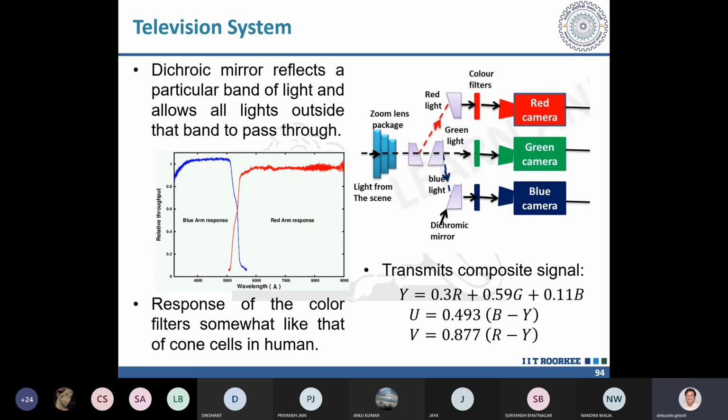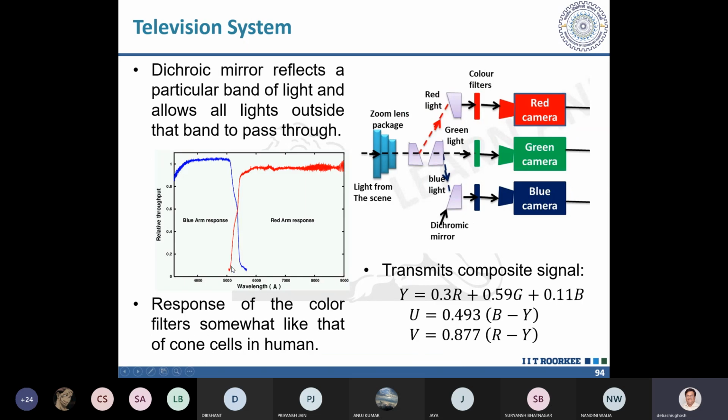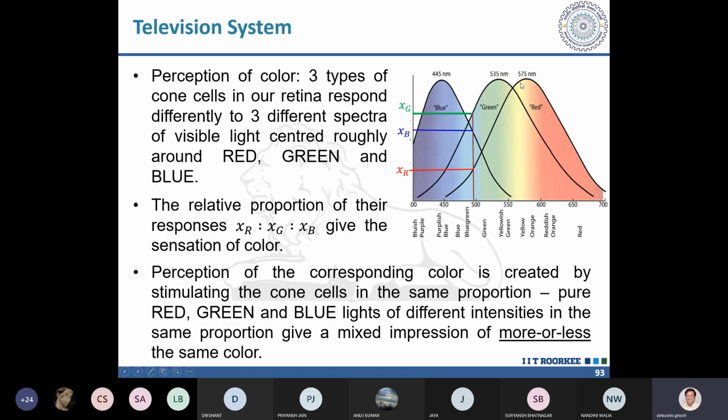The filters will give you a response somewhat like this. You first filter out the red portion of the light, and after passing it through the red filter the response will be like this.